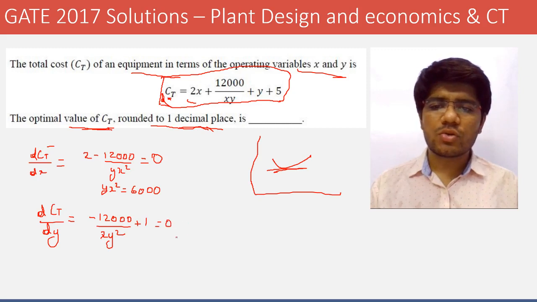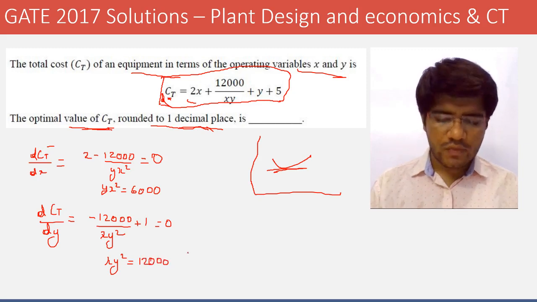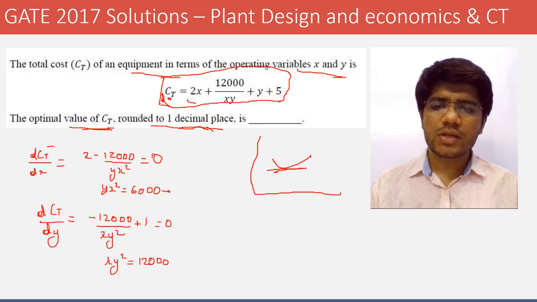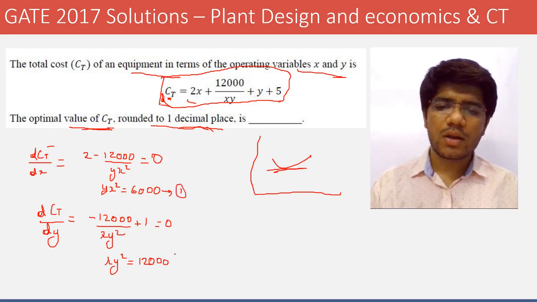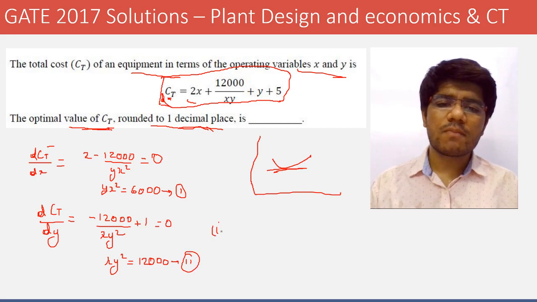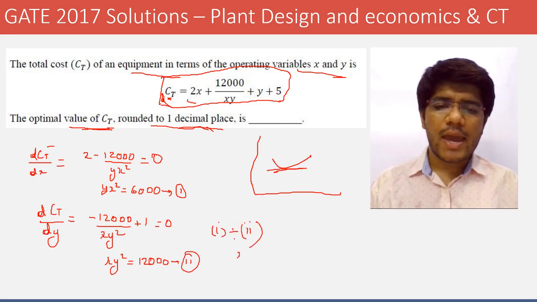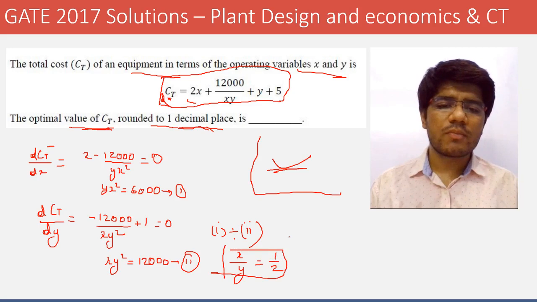Since this is equal to 0, after solving we get x y square equal to 12,000. Let's say this is equation number 1 and this is equation number 2. When we divide equation 1 by 2, we get x upon y equals 1 by 2, or you can say y equals 2x.